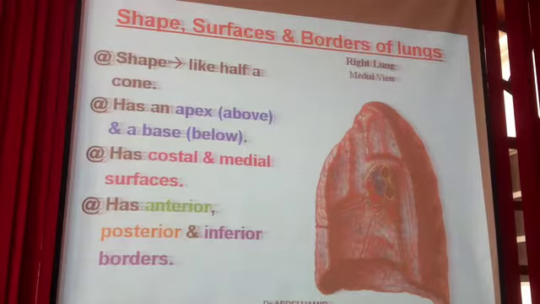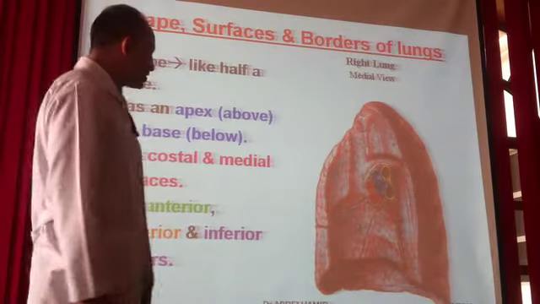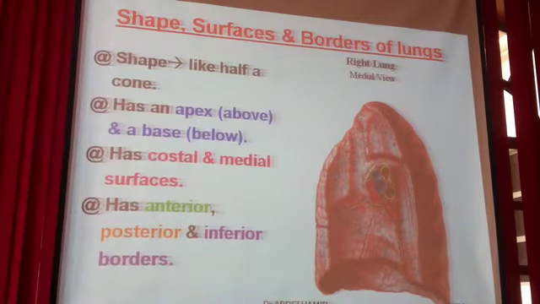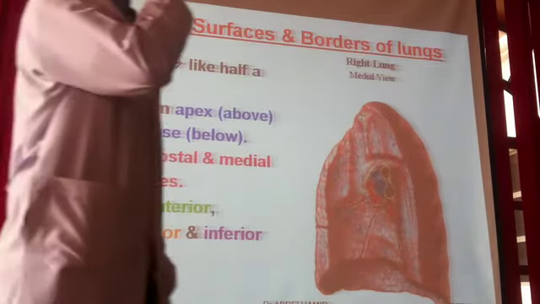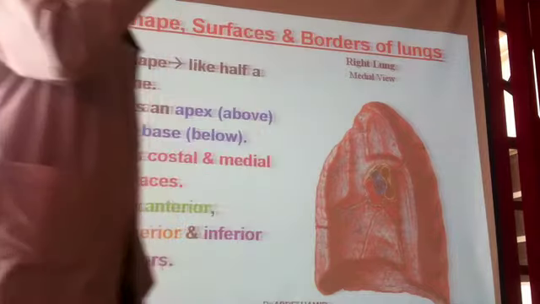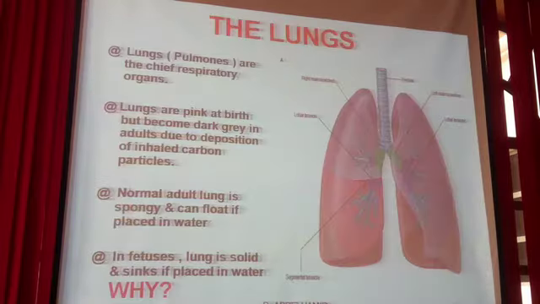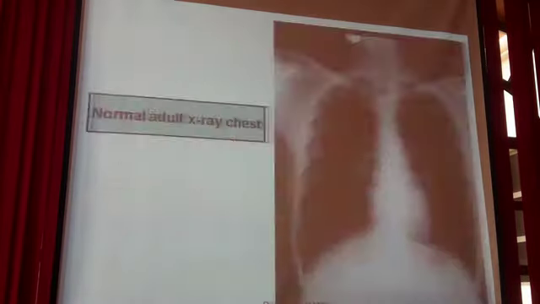Again, we have apex. And this apex actually is directed upwards and is located not in the thorax, but in the neck. Lung is a thoracic organ, as we see.